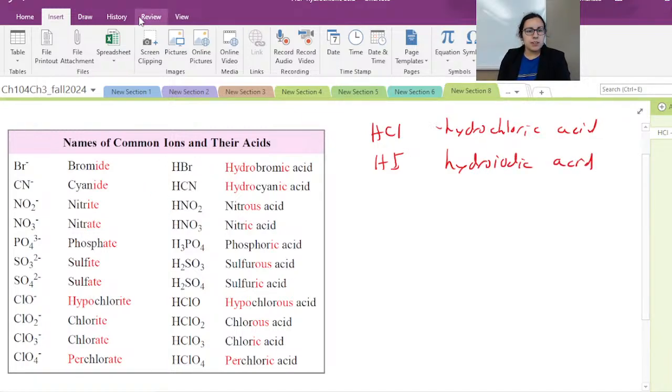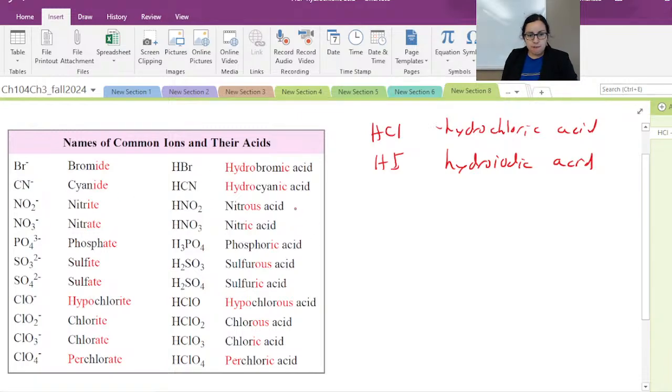And then, of course, you can see hydrobromic is on here. And then any other funny acids, again, follow the same kind of pattern, so you can have cyanic acid or hydrocyanic acid, again, just adding that hydro and changing the ic.